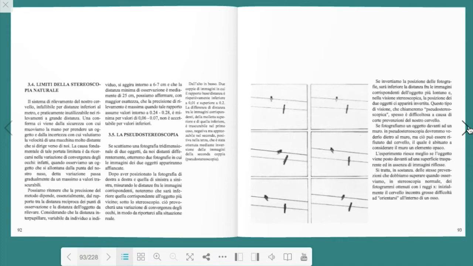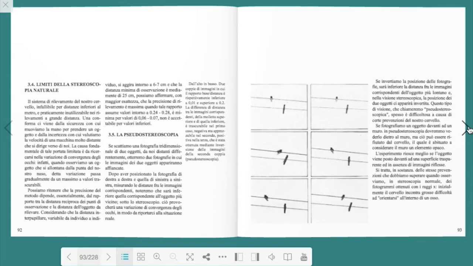This will cause a variation of convergence of the eyes, so as to bring us back to the real situation. If we invert the position of the photographs, the distance between the corresponding images of the farthest object will be less. In stereoscopic vision, the position of the two objects will appear inverted.